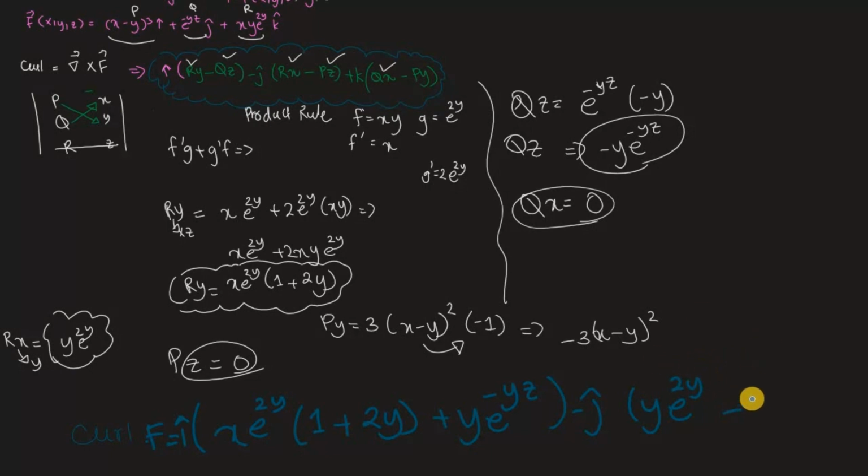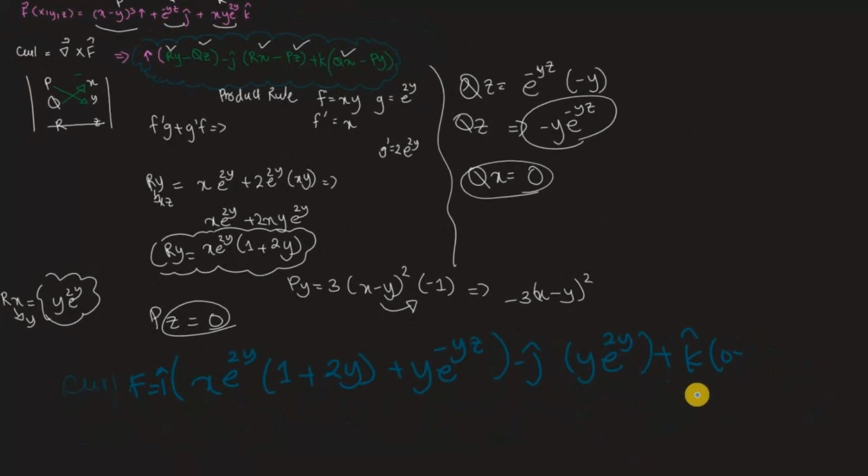Where's pz now? That's 0. Simply use it, so you don't need to write it. Okay. Next we have positive k, and then that is q of x, that's 0. So again, you don't need to write it, but just so you don't forget the negative, I'm gonna write it for now, and then you can remove it later.